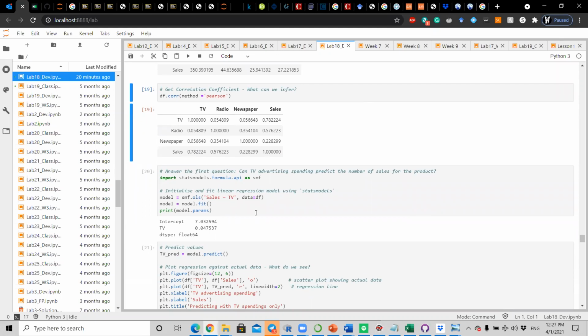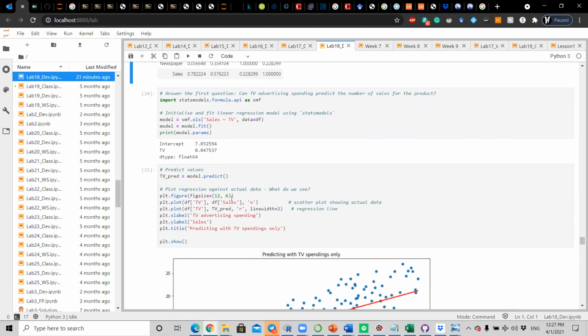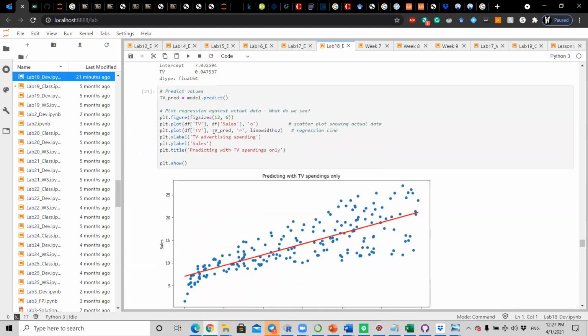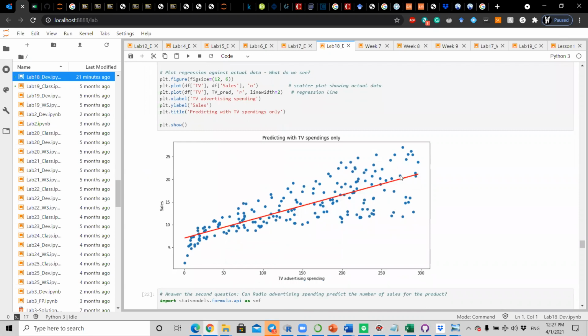I'm going to fit a linear regression model using statsmodels. I'm going to get the intercept and slope, apply that, plot it, and get this. Now, this is a different plot, isn't it? Who wants to talk about it?